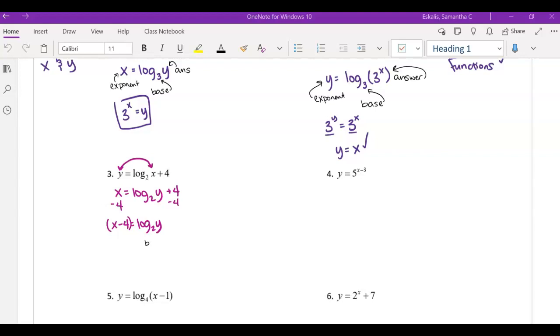And now let's label our base, which we know is 2. The exponent is going to be the x minus 4, and the answer is going to be y.